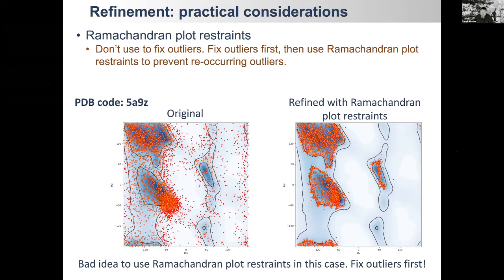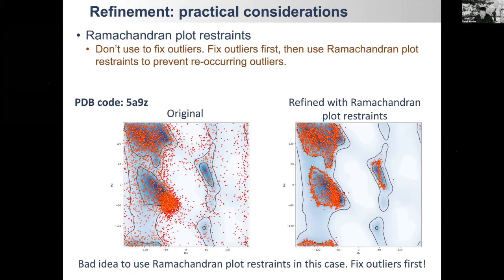What you'll get in the end is something that looks like this. That looks great for some, but definitely not to me. Why? Because sure, you got rid of all these outliers. That's great, but the plot doesn't look natural. The plot doesn't look like a good-looking Ramachandran plot.